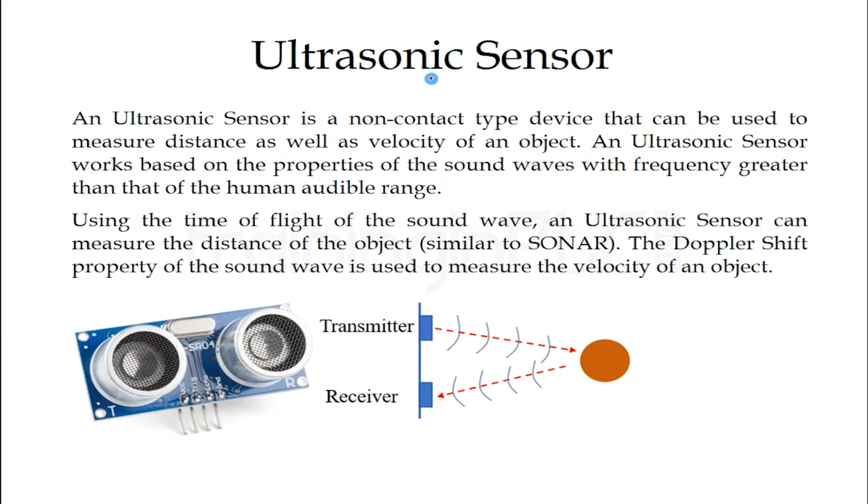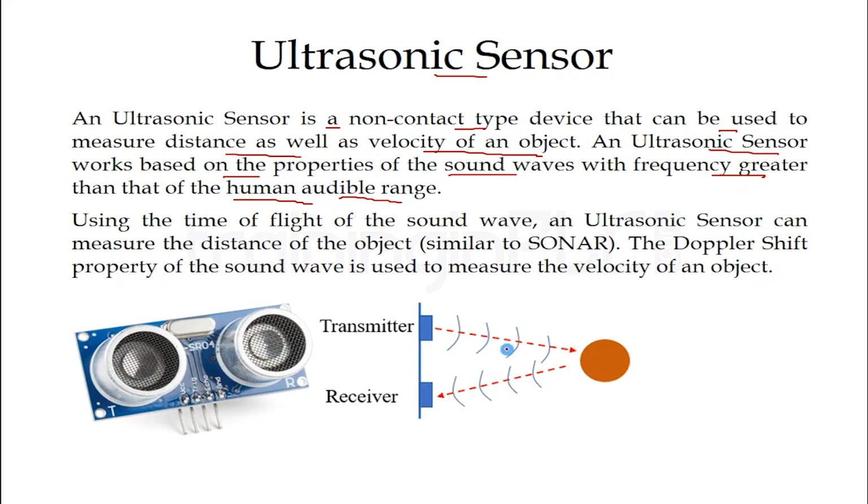Next, ultrasonic sensors. An ultrasonic sensor is a non-contact type device that can be used to measure the distance as well as velocity of an object. An ultrasonic sensor works based on the properties of sound waves with a frequency greater than the human audible range.